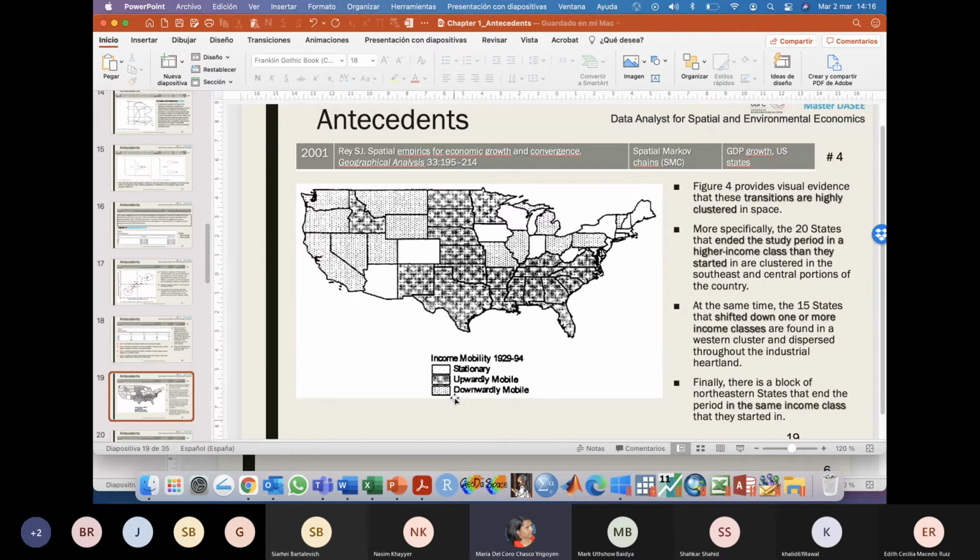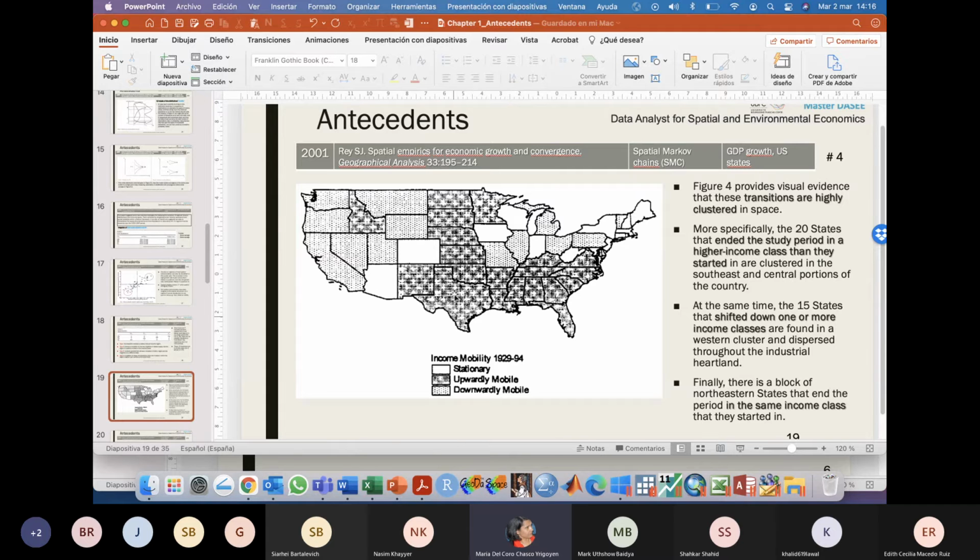What we can see here is visual evidence that these transitions are highly clustered in space. Now what we represent with the colors are the movements of the states, only the states, not the neighbors. Forget about the Moran's I scatter plot. Here are the states that go upwardly from the first period, 1929, to 1994.